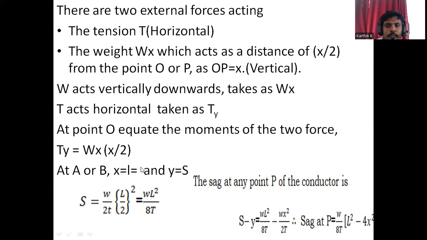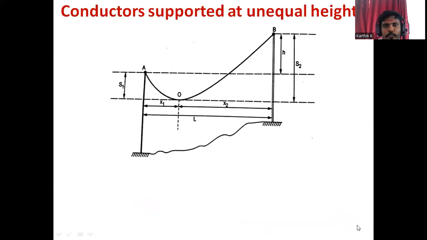For equal height, the sag at point P equal to W by 8T into (L squared minus 4X squared). There are two forces acting, horizontal and vertical. This is for equal height, when we place the conductor here. For this case, sag equal to W by 8T (L squared minus 4X squared).